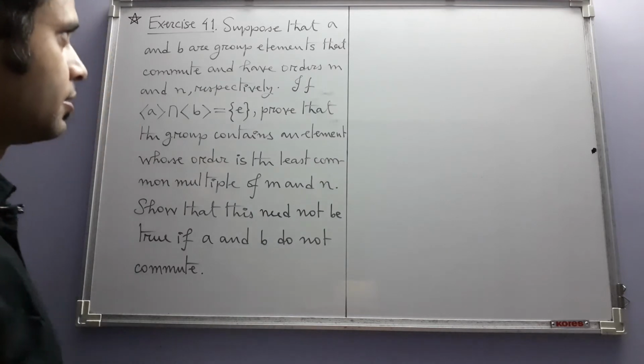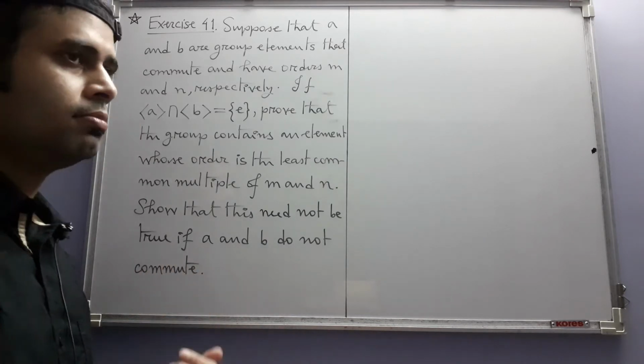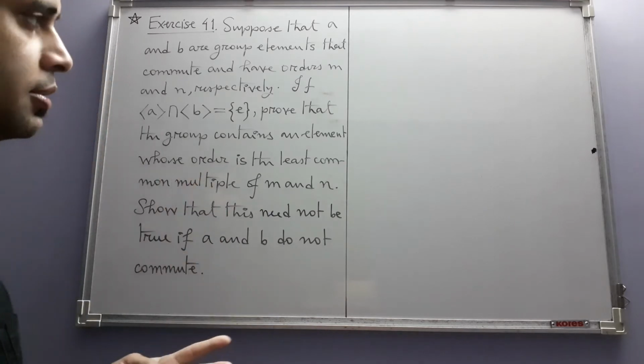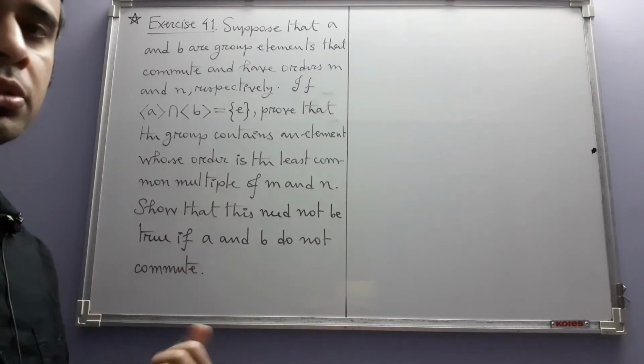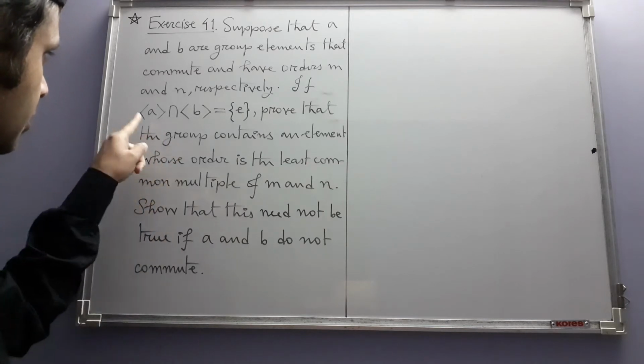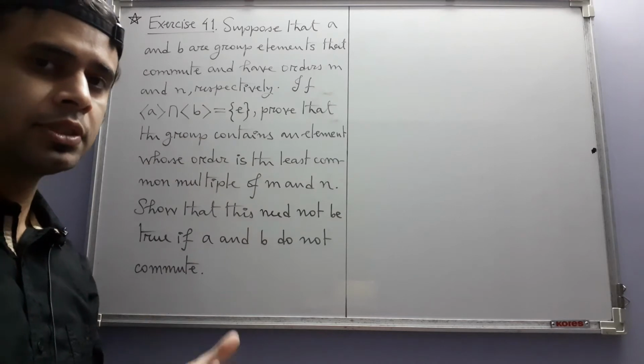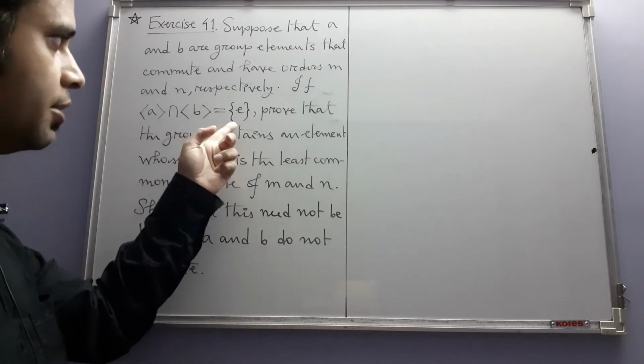Okay, the next one is this. There is a group in which we have two elements A and B that commute with each other, and also the intersection of the cyclic subgroups generated by them is trivial.